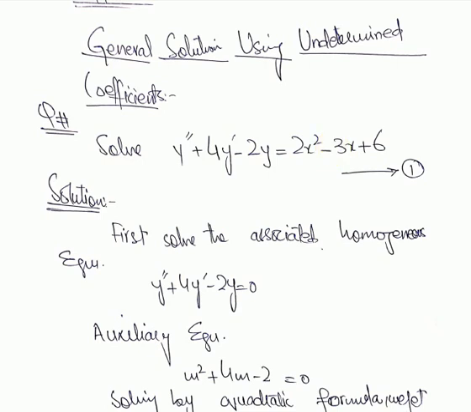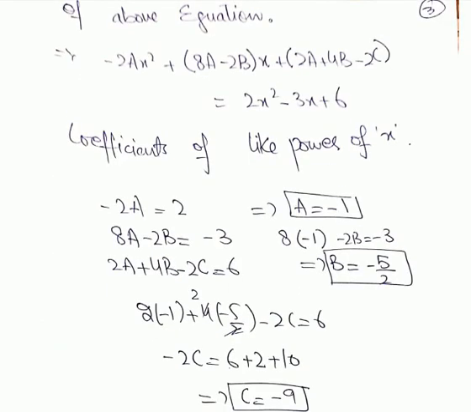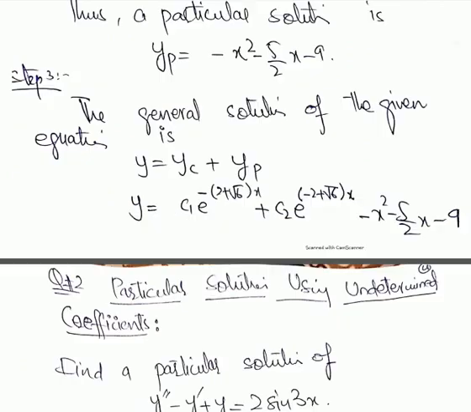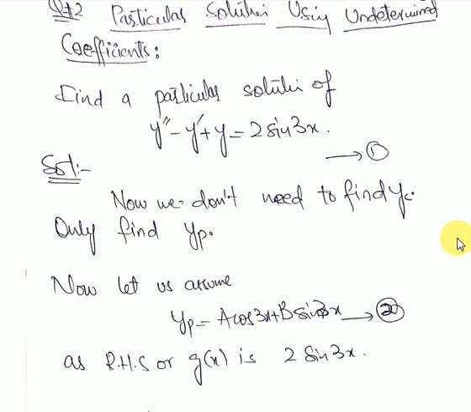So now let's move towards the second question using this technique, which is the particular solution using undetermined coefficients. What we did in the last question was the general solution.